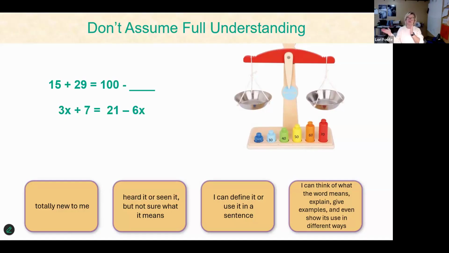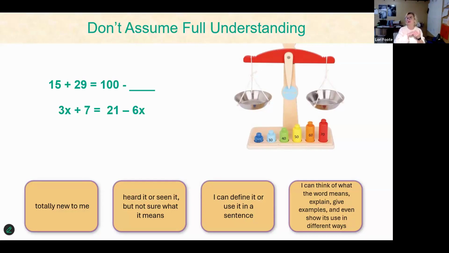What's on the left is the 15 plus 29, and that would all go in one pan. Then the 100 minus whatever you're going to put in that blank would go on the other pan. To keep the balance beam equal, you have to make sure both sides are equal. A lot of times I would box around both sides so it became clear that was the balance beam in the equation.